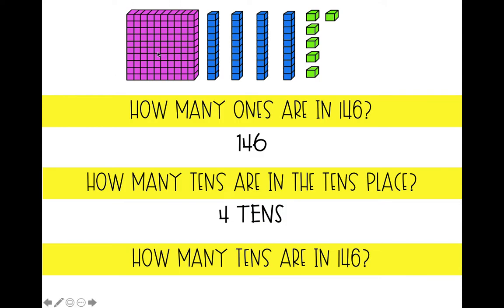So 10 tens plus 4 tens is 14 tens. We can also look at our number 146. If we look at the tens place and everything before it, it shows us how many tens are in 146. That's how we got 14 tens.